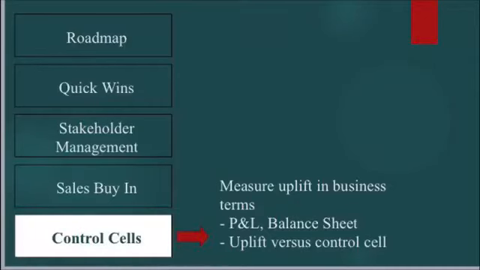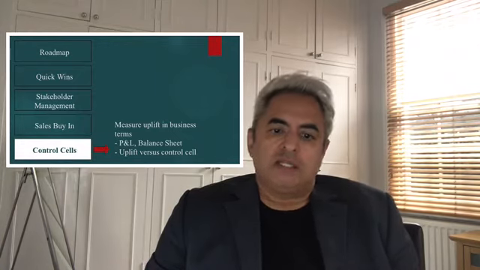And that's the final point. That's why it's very important to have what they call control cells. It's back to Science 101 essentially. What it means is that in the example, let's say, of sending out the communication to a segment of customers asking them to apply for a loan, you always keep a control cell. So for argument's sake, if you send the communication to 90 customers, you might keep 10 customers back who do not receive the communication.